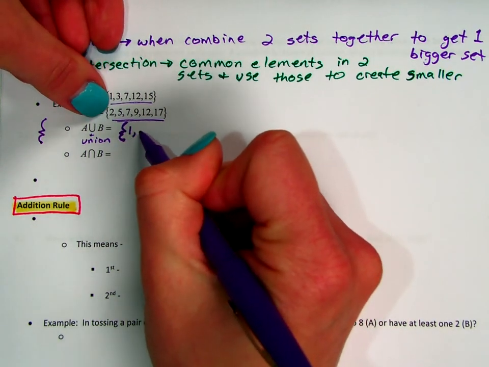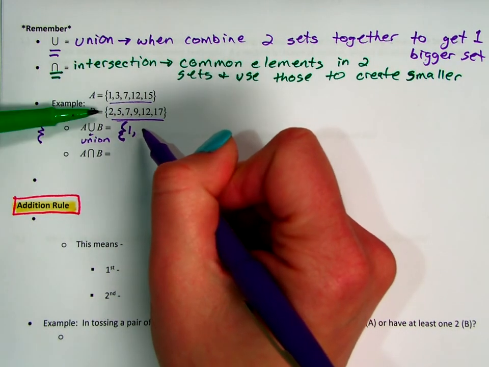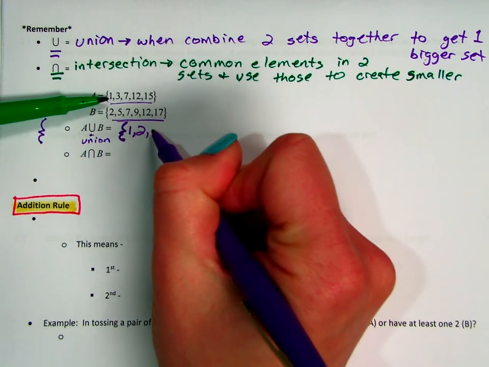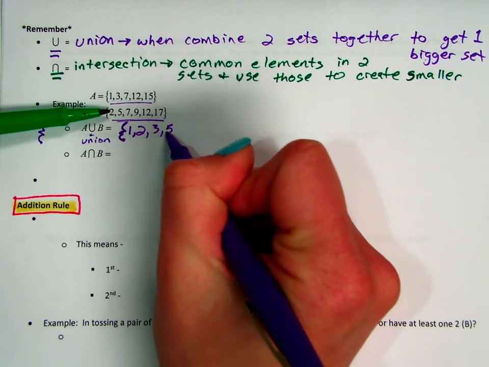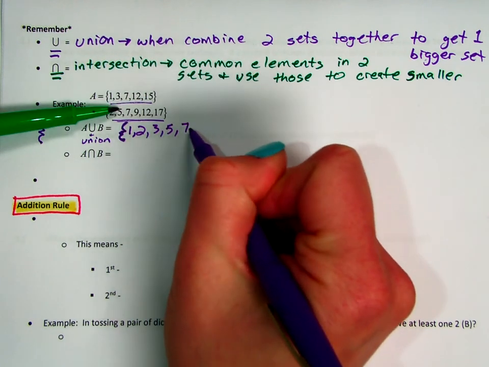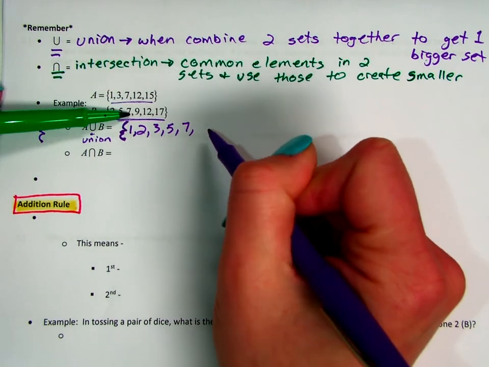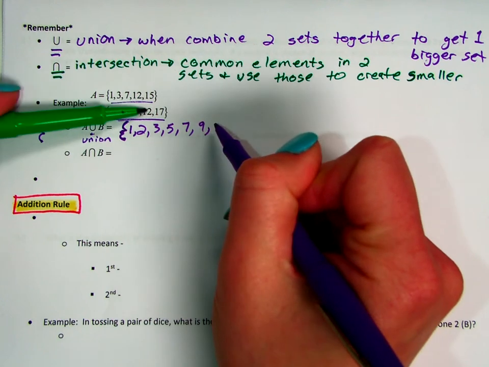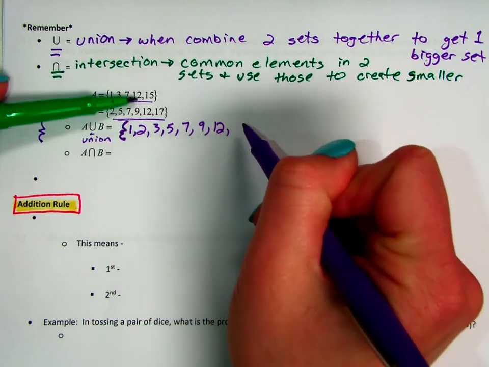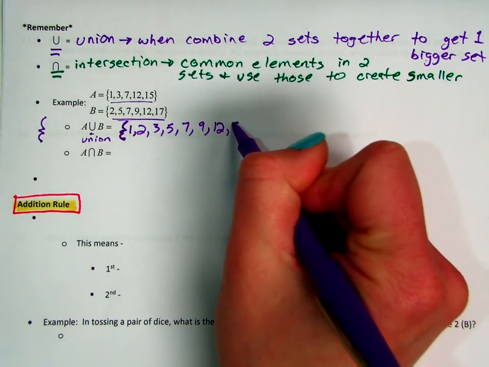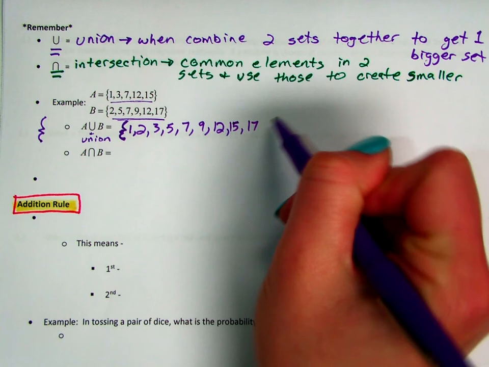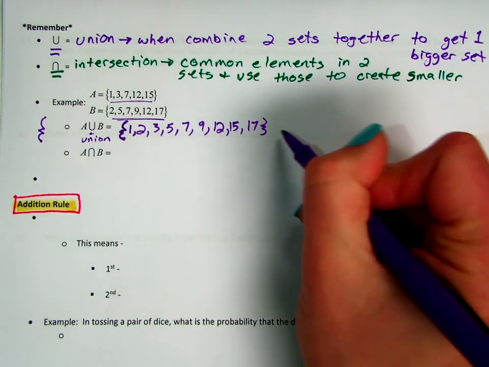Then 1, 2, 3 would come next. 5 would be next. There's 7 in both of them, but I only count it once. 9 would be the next highest. Then there's 12 in both of them, but again, we only write it once. 15 and 17.